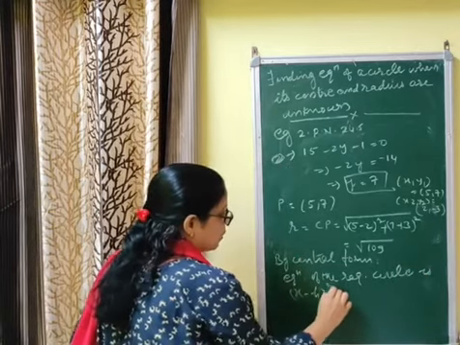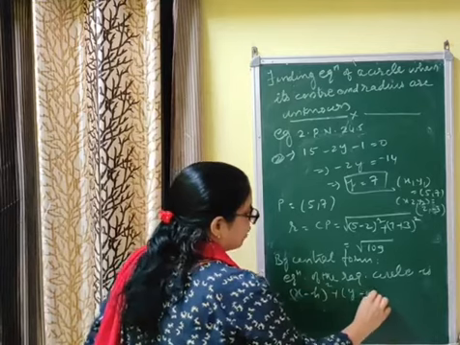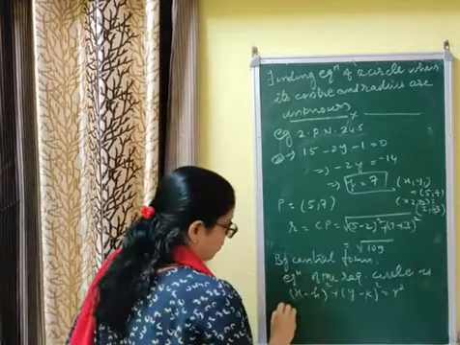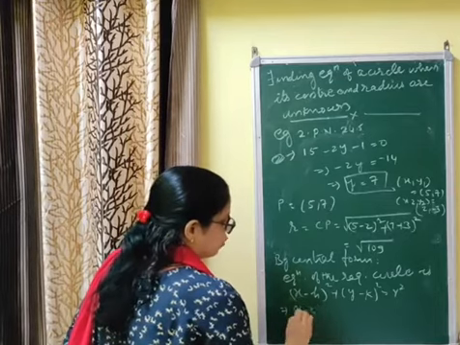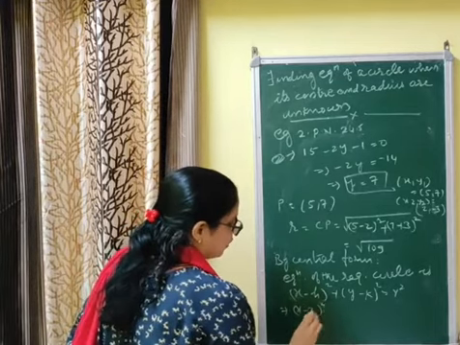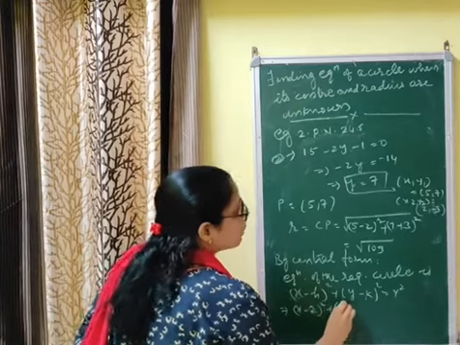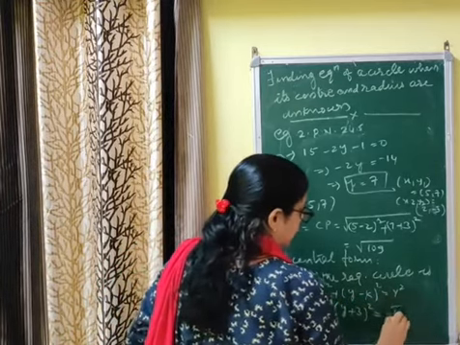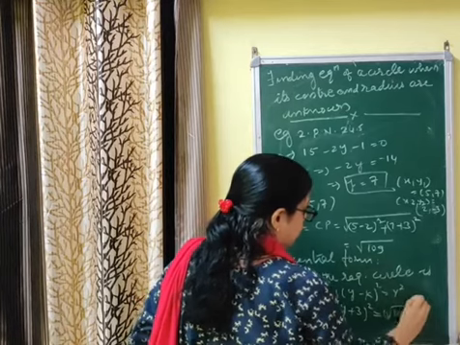The central form is x minus h whole square plus y minus k whole square is equal to r square. (h, k) is (2, -3), which implies x minus 2 whole square plus y plus 3 whole square is equal to root 109 whole square.